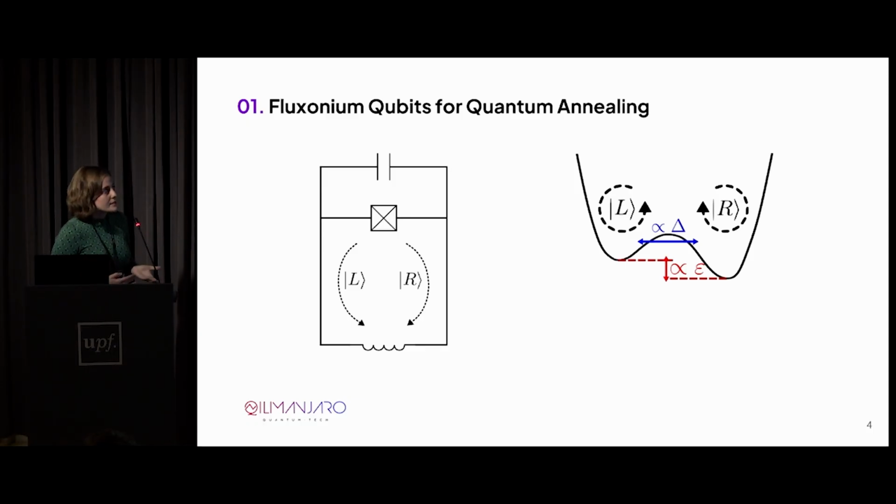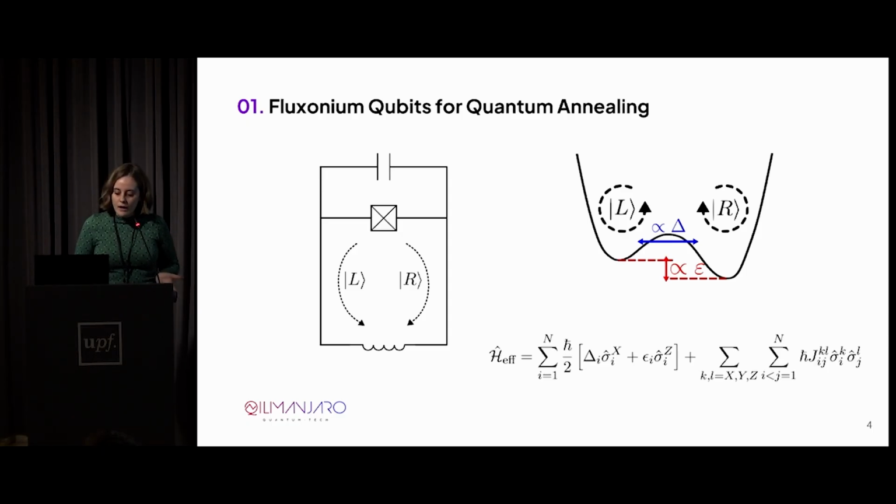And this allows us to represent a system of coupled flux qubits by means of an effective Hamiltonian, as the one that you can see now below on screen, where the first sum corresponds to the single qubit terms, while the second sum describes all the possible pairwise interactions between the different qubits.